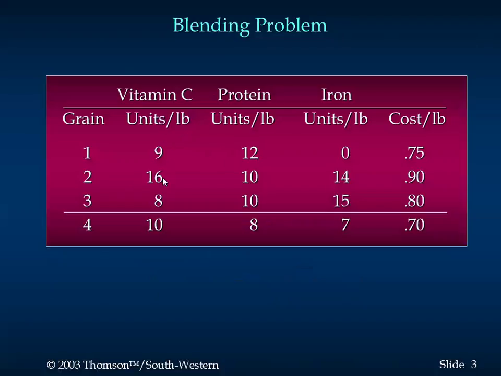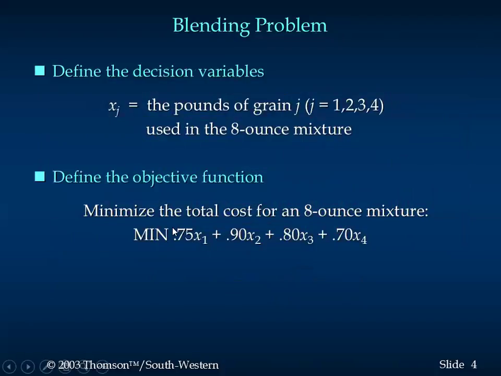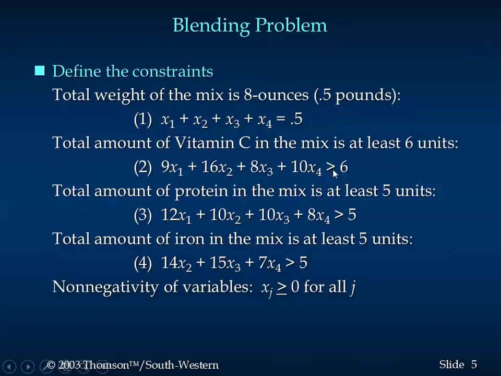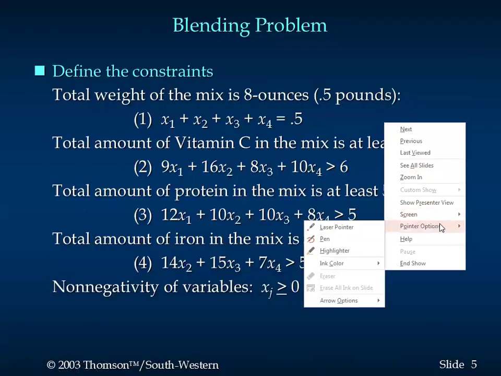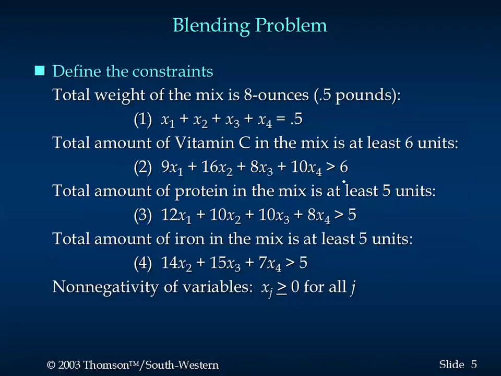So if you look at vitamin C units, 9X1 + 16X2 + 8X3 + 10X4 should be greater than or equal to 6. It should be greater than or equal to, all of them should be greater than or equal to. Okay, so total amount of vitamin C is at least 6 units.